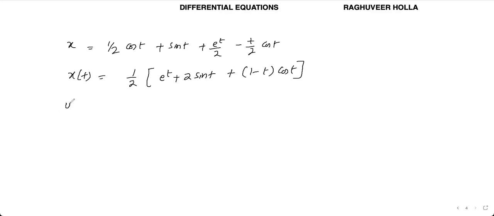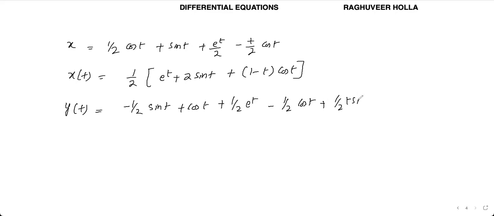And y of t will be minus half sin t plus cos t, plus half e to the power of t minus half cos t, and then half t sin t minus e to the power of t.